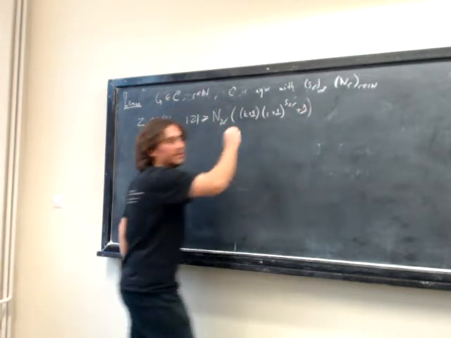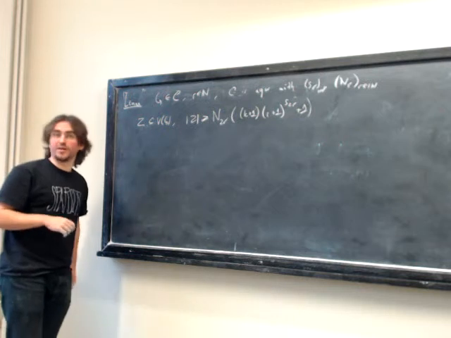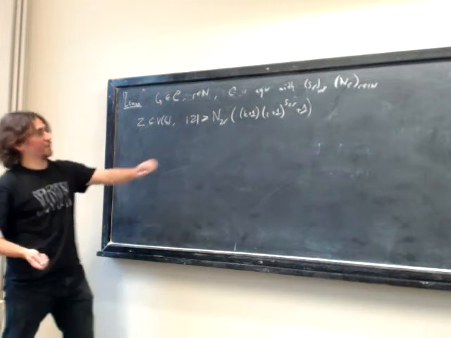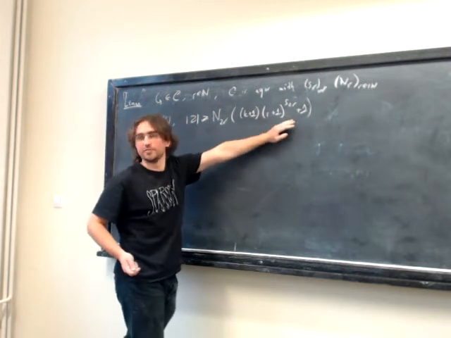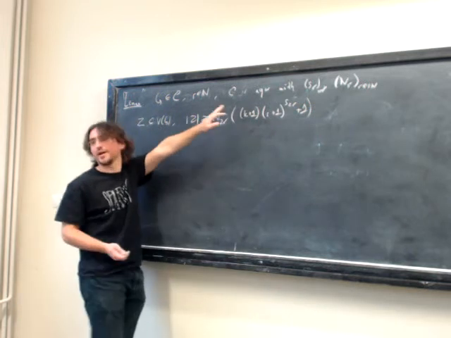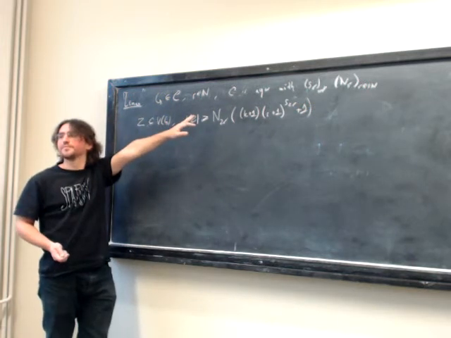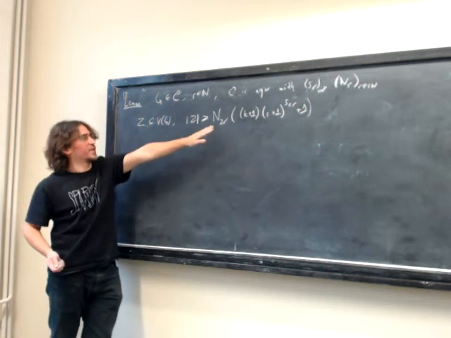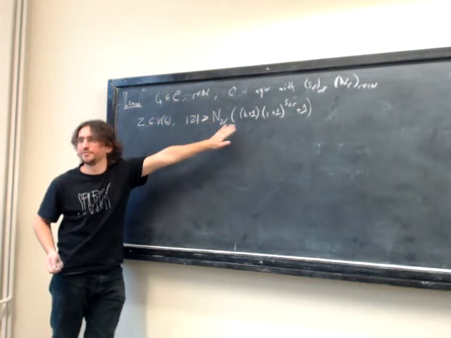Yeah, some number. This is a large number that depends on k and R and the class itself. So sufficiently large depending on k.